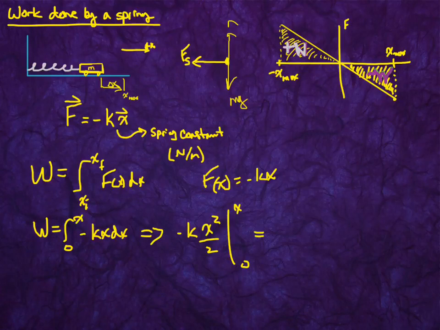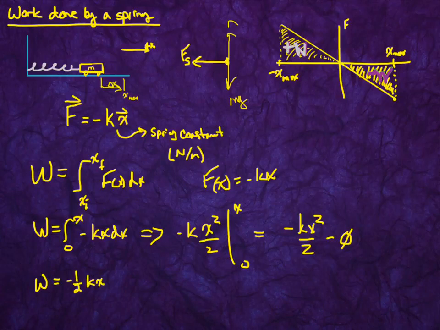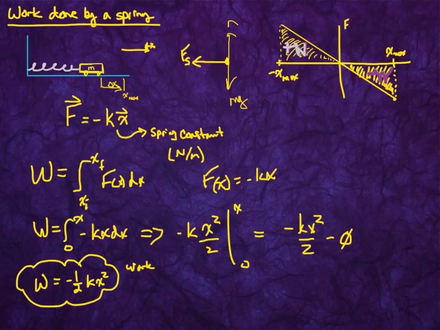We keep evaluating because it's a definite integral, so we get negative kx squared over 2 minus 0. And so we wind up with the work equals negative 1/2 k x squared, and this is the work done by a spring.